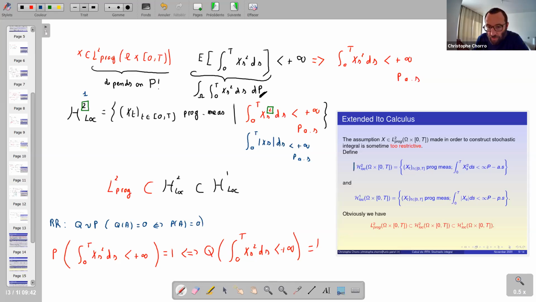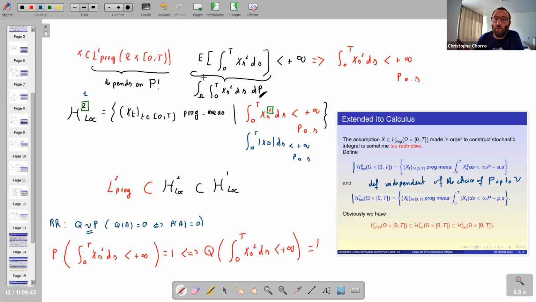So it implies that these two definitions are independent of the choice of P. Well, it's not totally true what I write, but up to equivalence between probabilities. So if I change P into a Q that is equivalent to P, I change nothing concerning my definition.